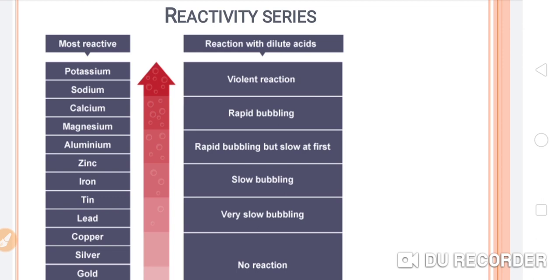If we talk about aluminium and zinc, there will be rapid bubbling but slow at first, meaning the reaction will take some time to start. And iron, tin, lead will show bubbling but very slow.